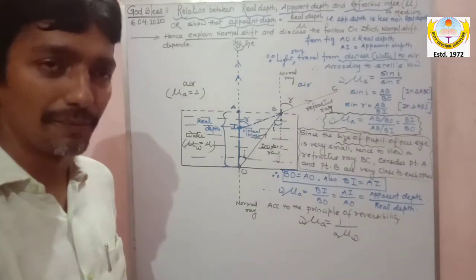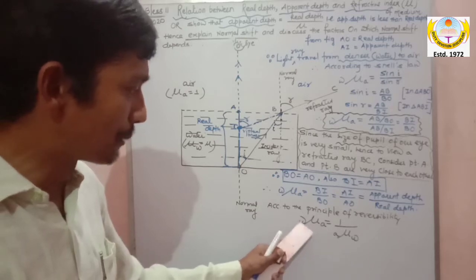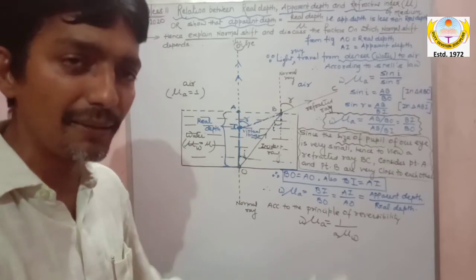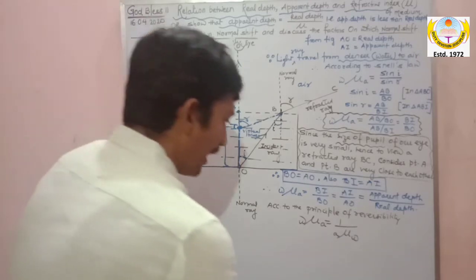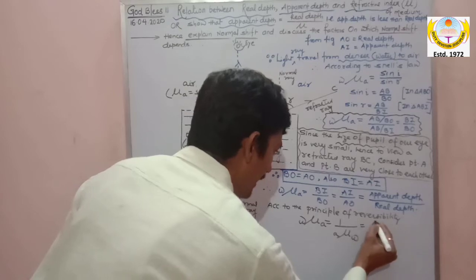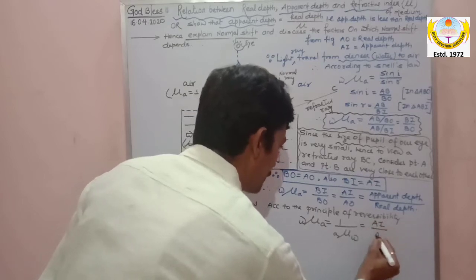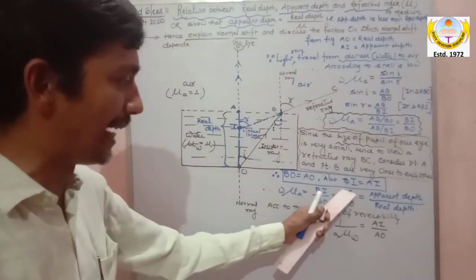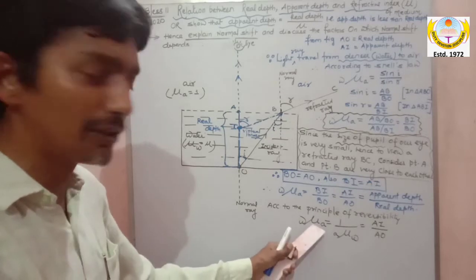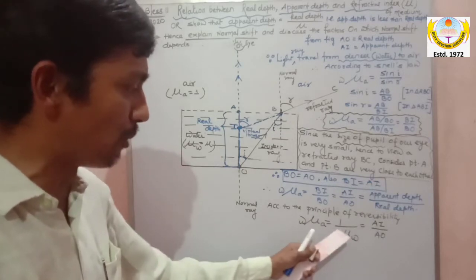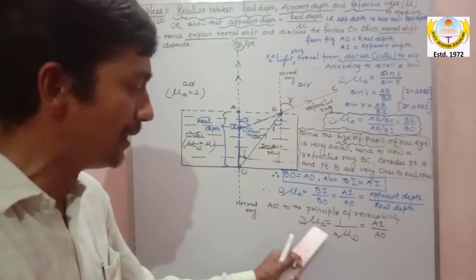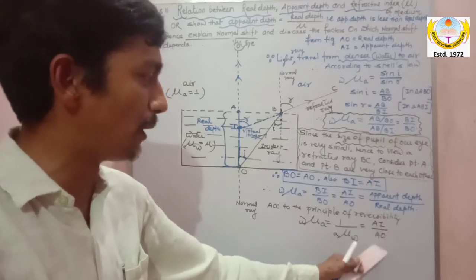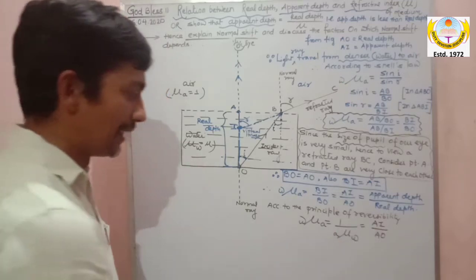And this is equal to AI upon AO, because I have written mu of air with respect to water as AI upon AO. I hope it is clear.